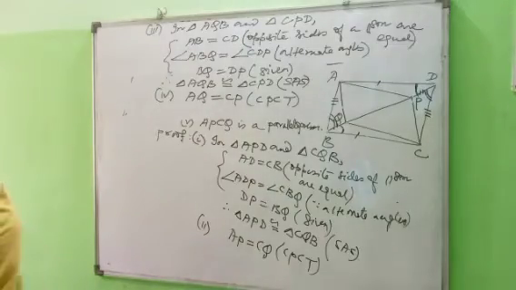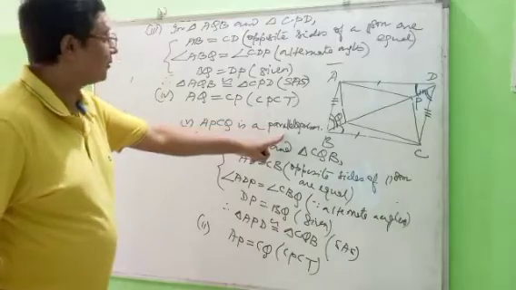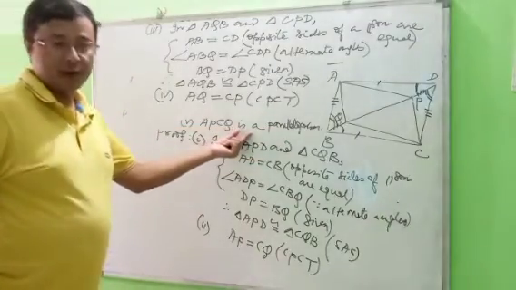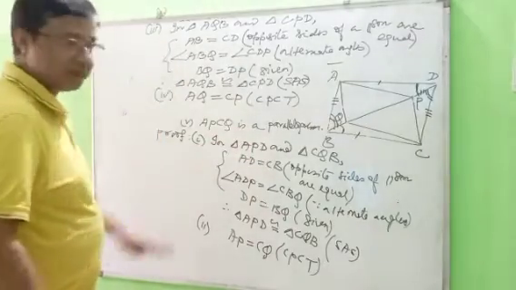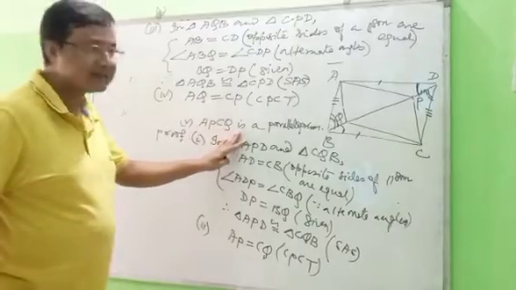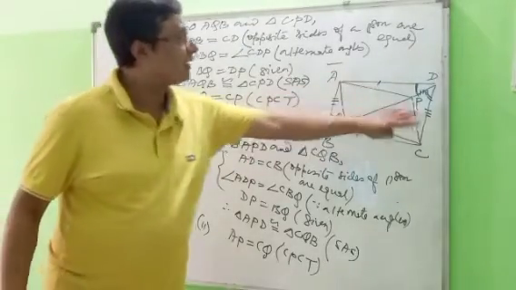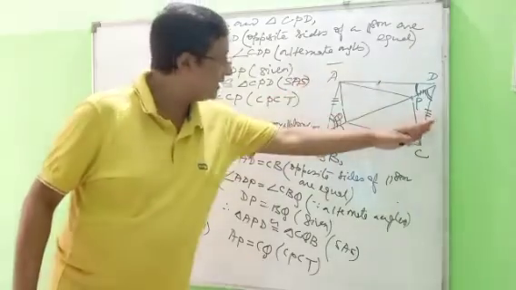Then the last proof, proof number 5: APCQ is a parallelogram. As I have told you, for a quadrilateral to be a parallelogram, you need 4 conditions, and any one of these must hold. One is that both pairs of opposite sides are parallel, that is BC is parallel to AD and CD is parallel to AB.